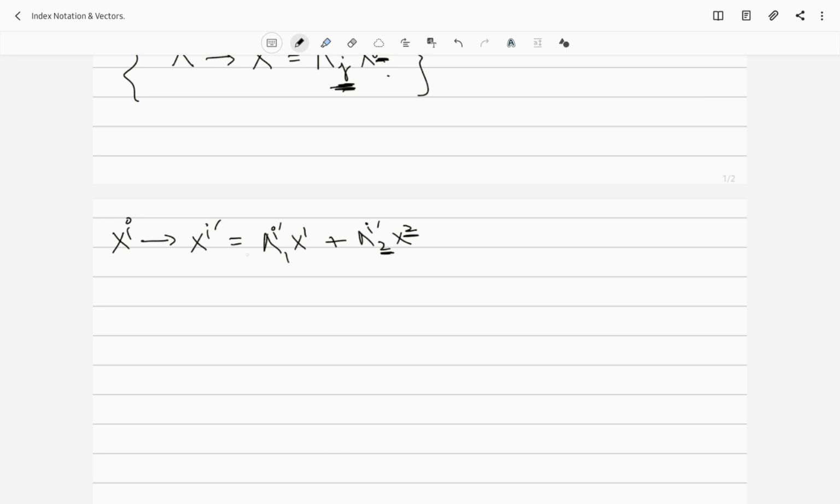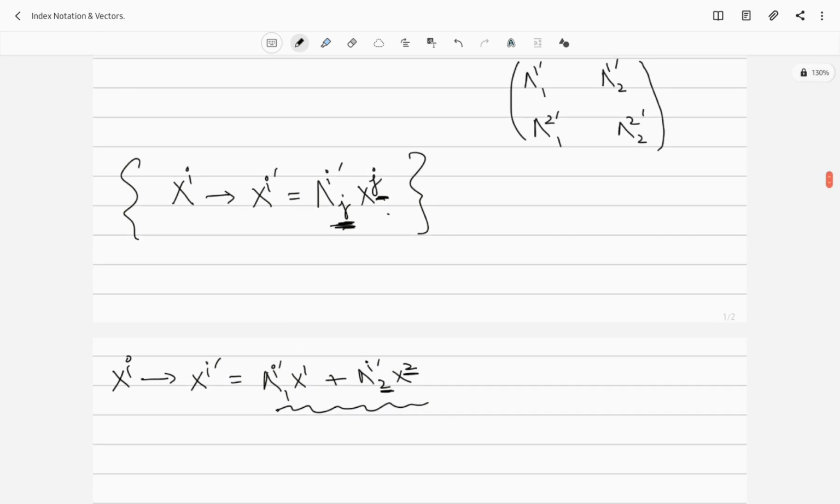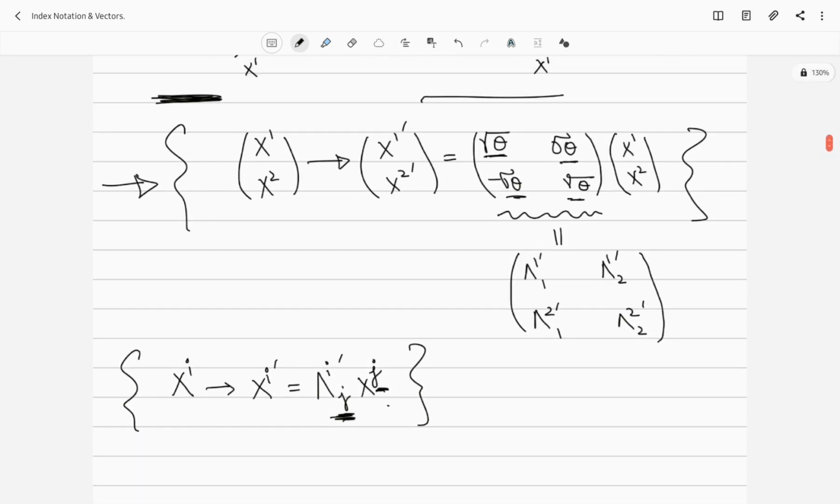Okay, so if you look at this, it gives you two equations. If you note over here, we had lambda_11 prime as our cosine theta, and lambda_12 prime as our sine theta, and likewise all of these correspond to each other, this one to this one, and this one to this.